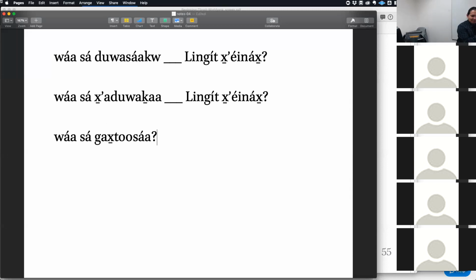How do we translate that one? Anybody know? Gachtu. When you see gachtu at the front of a verb, it's always going to be "we are going to."